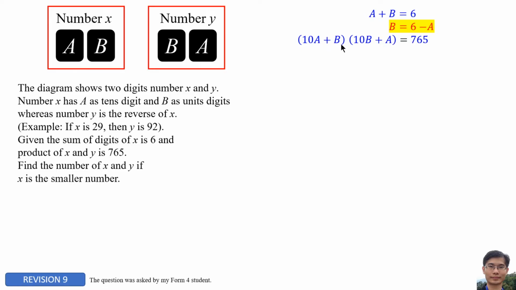So x times y equal to 765. We found that b is equal to 6 minus a, so we substitute this equation into this equation. After that, we simplify the equation.